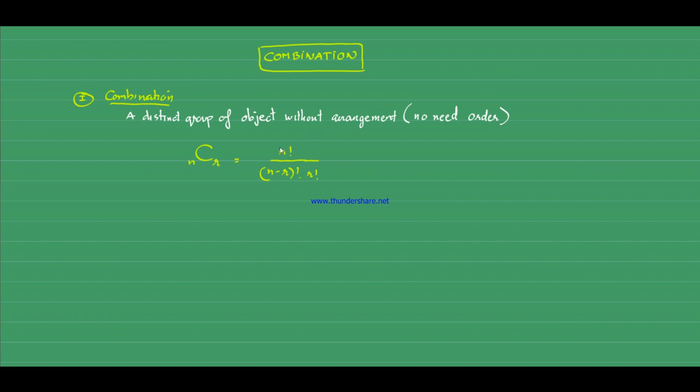Well, you can calculate a permutation. For example, let's say I calculate C of 3, 1. So it will be 3 factorial over 2 factorial and 1 factorial, which gives you 3 times 2 times 1 over 2 times 1.